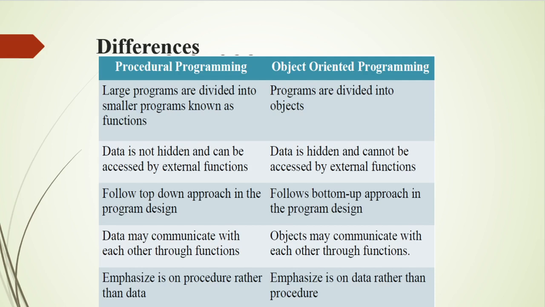In procedural programming, large programs are divided into smaller programs known as functions. And in object-oriented programming, programs are divided into objects. And emphasis is on procedure rather than data in procedural programming. And in object-oriented programming, emphasis is on data rather than procedure.